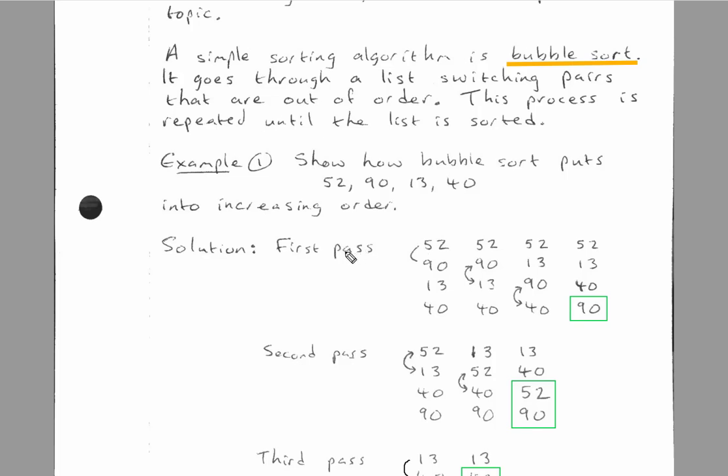So in the first pass, going through the list the first time, first we compare the first two. Okay, so 52 is less than 90, so we don't need to change these. Now we compare the second and third, and these are out of order. So put the arrows here, so we are going to switch.